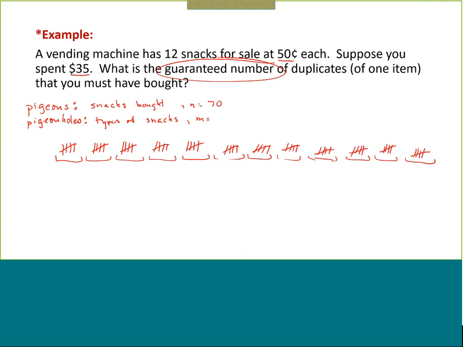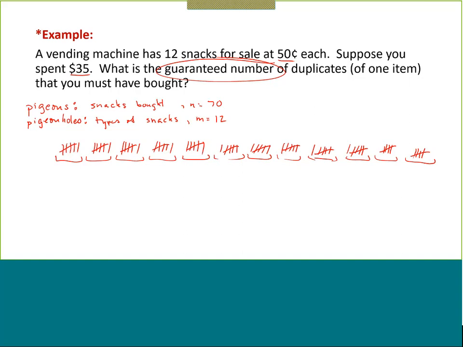Notice this is a worst case, not that you bought all the same snacks, but the worst case that it's spread out. We've got 10 remaining snacks because we have a total of 70. If we spread out the 10 remaining snacks, I'm going to be lazy and just put them at the beginning: 1, 2, 3, 4, 5, 6, 7, 8, 9, and 10.